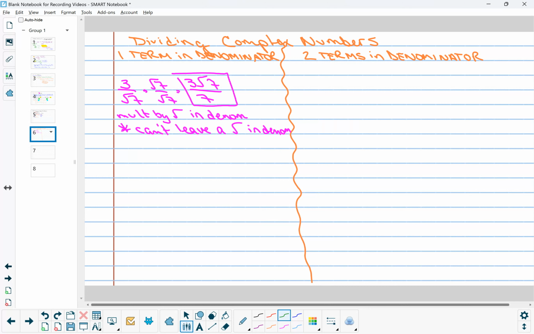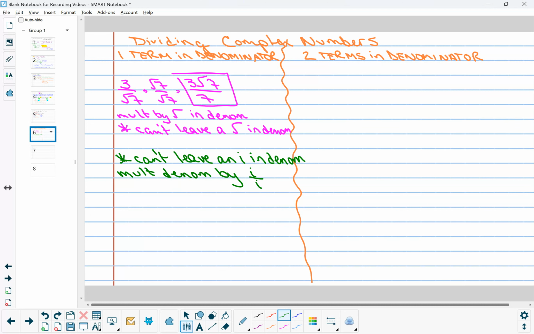Well, this is remarkably identical. In these, guess what? Can't leave an i in the denominator. And we are going to multiply by i over i.